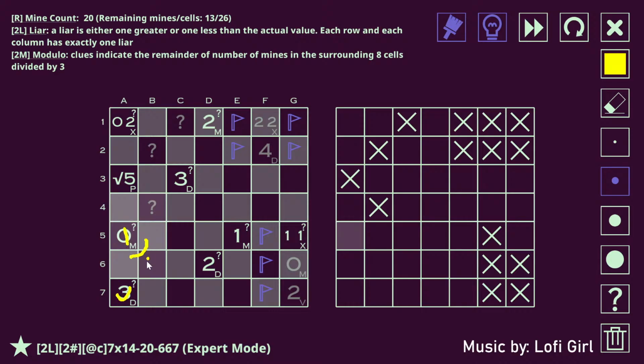There's at least 2 mines here, so the total amount of mines this 1 must be talking about is 4. Then this would have to be empty. Otherwise, if this was 0, then this must have 3 in total. But this 3 could still be a 4 or a 2 or anything, so I don't think we know either.